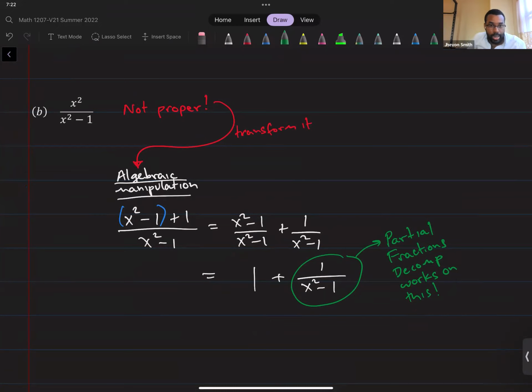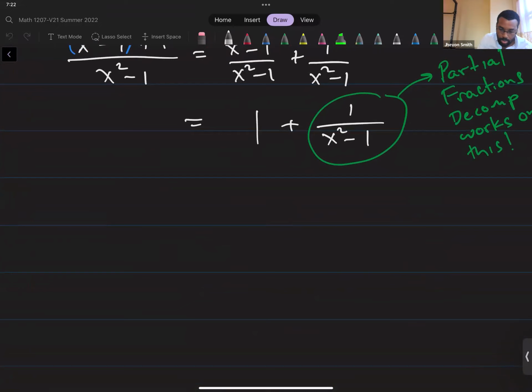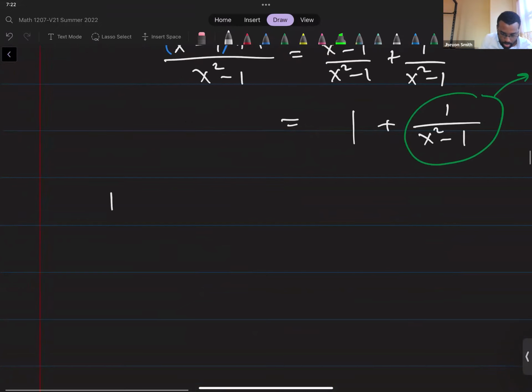Because the denominator factors, right? That's the difference of squares.